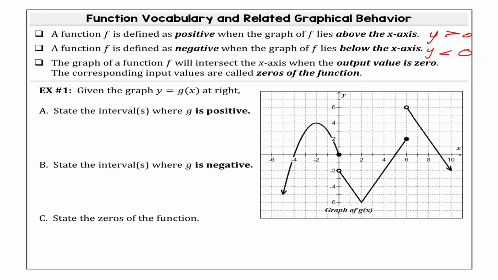And when we have a zero value, y equals 0. Positive numbers are y greater than 0. Negative numbers are y less than 0. And our zeros are when y equals 0. Pretty straightforward.